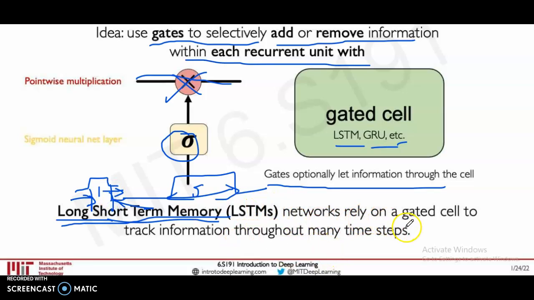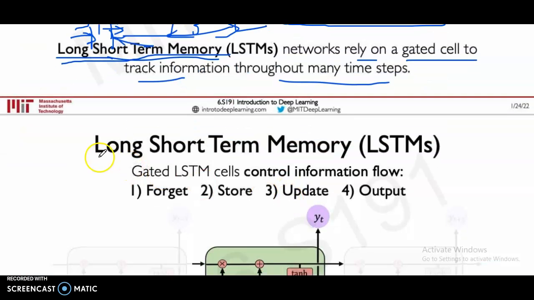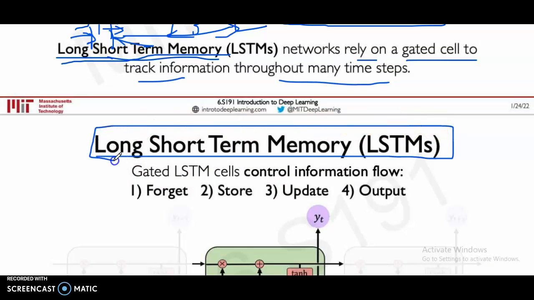LSTM, long short-term memory networks rely on a gated cell to track information throughout many time steps.